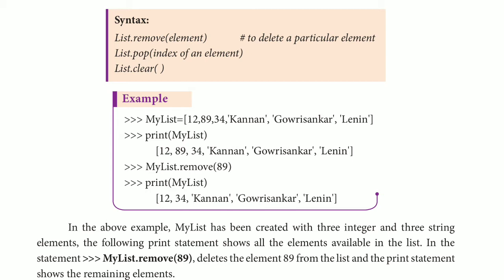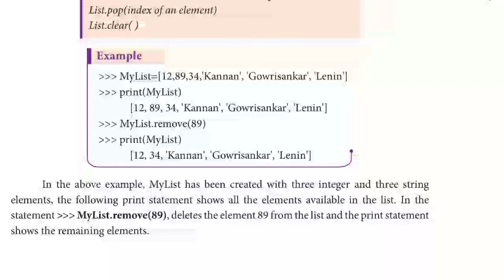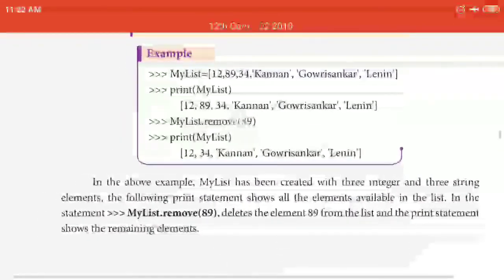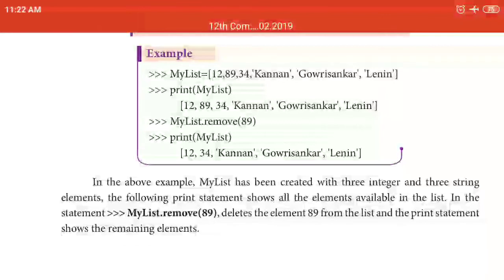You don't know the index value, so you are just giving the number, the exact element. So this will remove the element 89. After that, when printing it in the next statement, you can see that the elements are printed without 89.